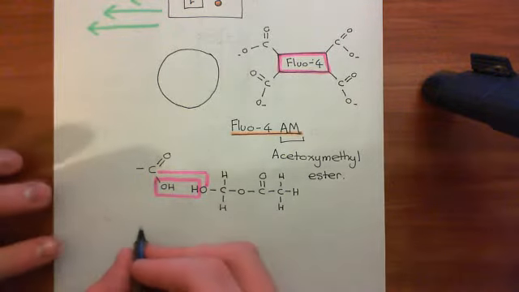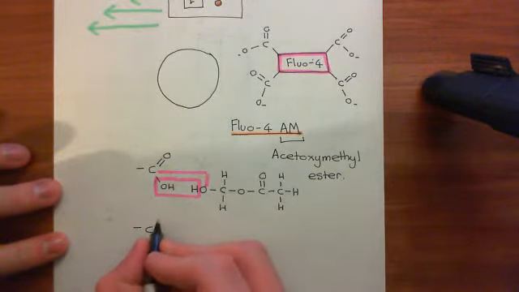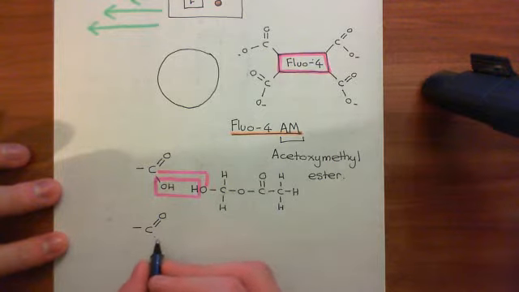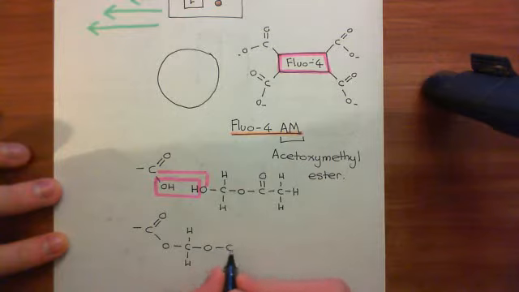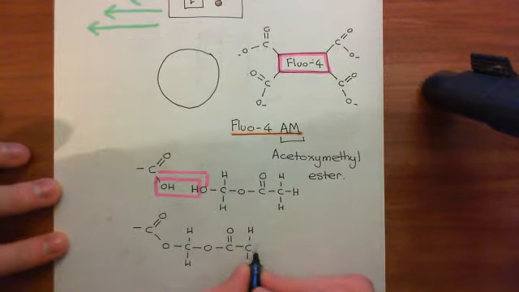What that will produce is this carbonyl group linked to that oxygen of this molecule. Then you'll have this methylene group here, and then this ester link onto an acetyl group here. This is what is meant by an acetoxymethyl ester.